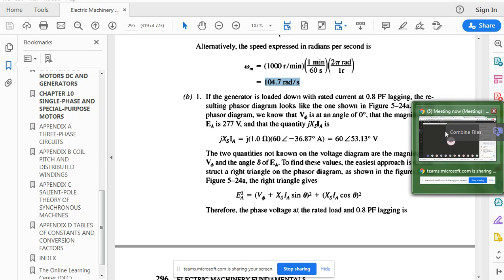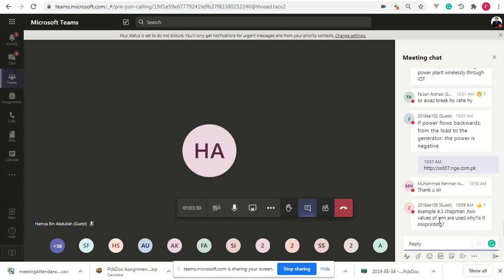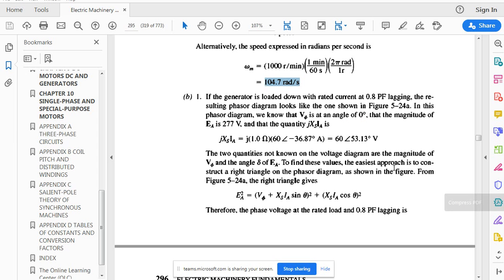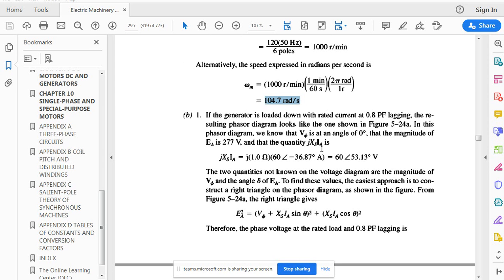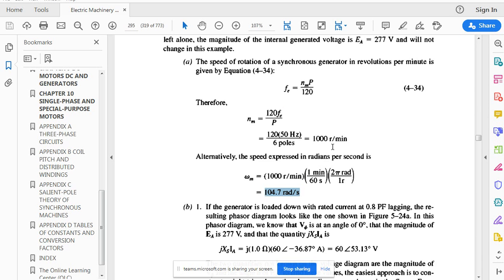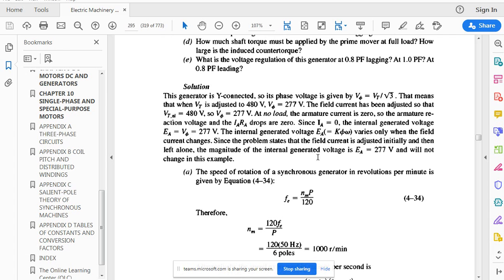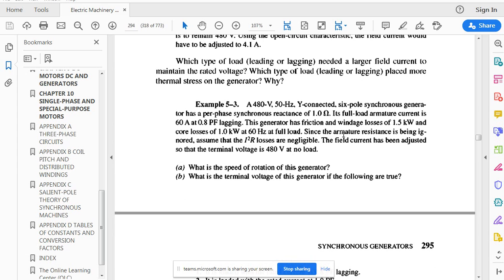Please write down in the conversation window which point you are referring to. Please verify. And there is one more question by Arsalan Khan. Whoever asked this, please answer me: which value are you referring to? Which two values are you asking?